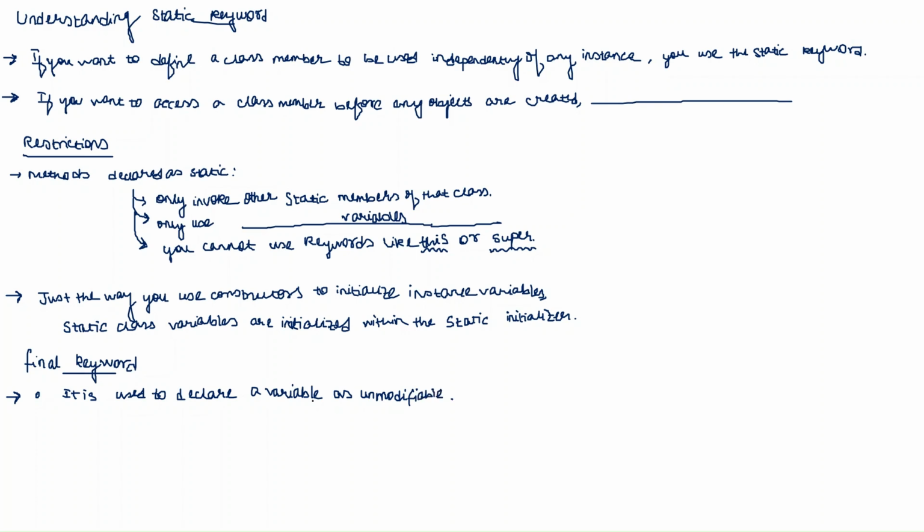Once you declare a variable with the help of the final keyword, you won't be able to change its value once assigned. The second use comes with methods: you cannot override a final method, which is pretty obvious, but we'll learn about what overriding is in inheritance, and only then discuss this point.